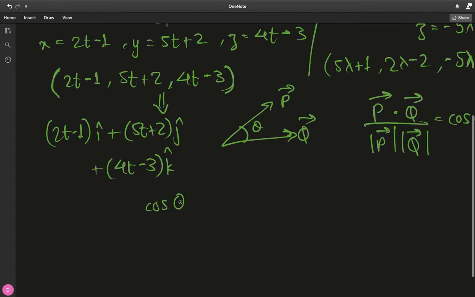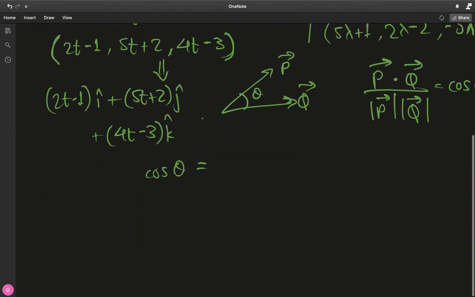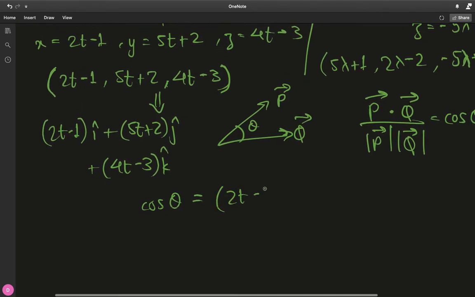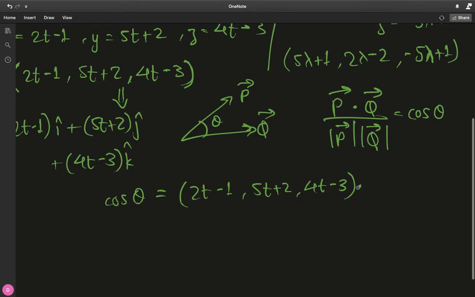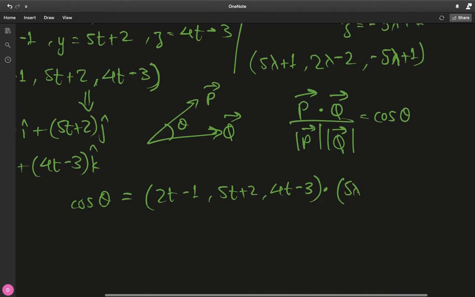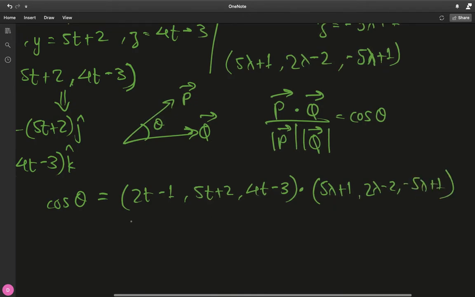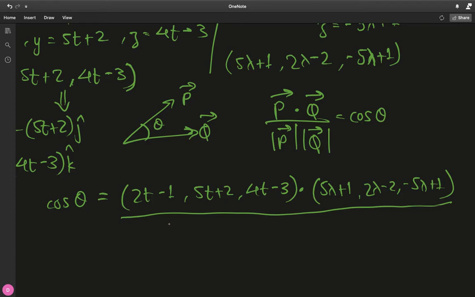So the cosine of the angle between these two lines, which we need to find, will be given by this (2t minus 1, 5t plus 2, 4t minus 3) dotted with (5 lambda plus 1, 2 lambda minus 2, negative 5 lambda plus 1), divided by the magnitude of this, call this v1, multiplied with the magnitude of this, which we call v2 for example.